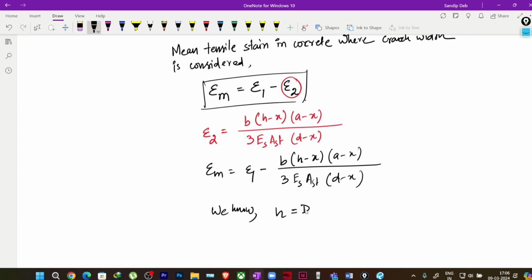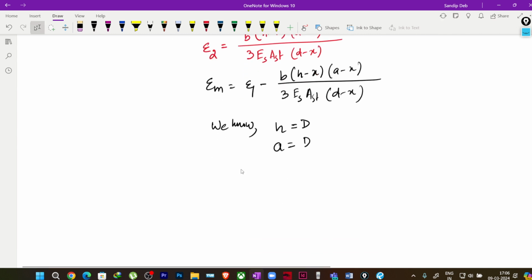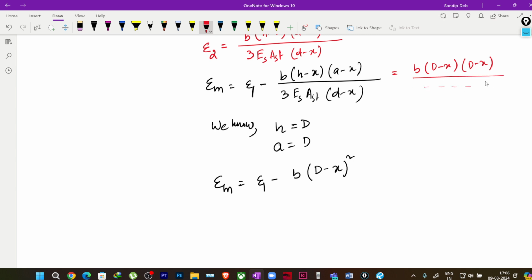That is also equal to D, so we can say a is equal to D. So if we just replace this, we will get εm equal to ε1 minus b into (D minus x) square, because we can write it as b into (D minus x) into (D minus x), divided by 3 Es Ast.